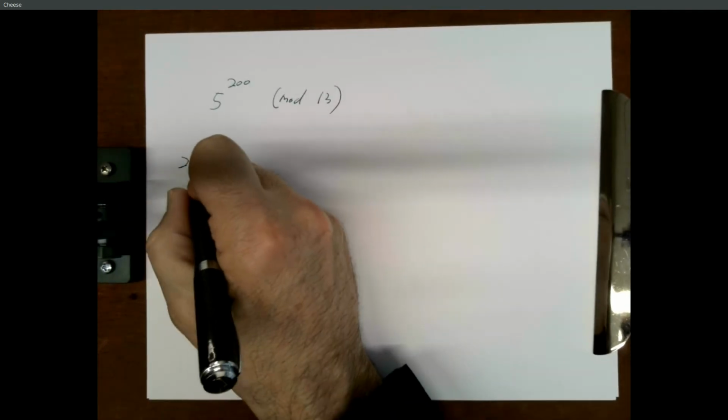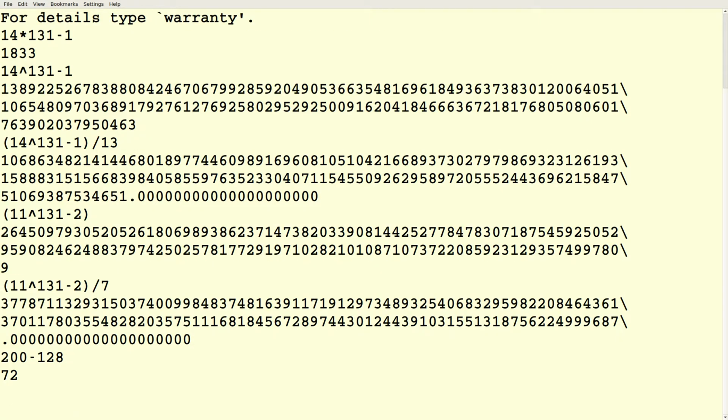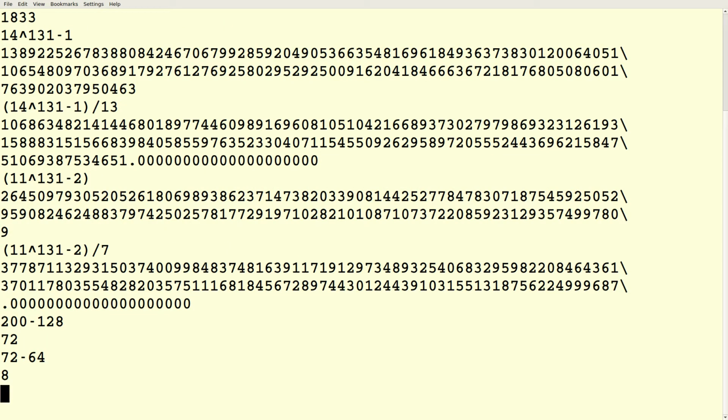Well, if you have a hex calculator, you can convert 200 to hex and write it out in binary. So it's 128. I'm going to cheat. And 64. 32, 16, 8, 4, 2, 1. So that's 200 in binary.